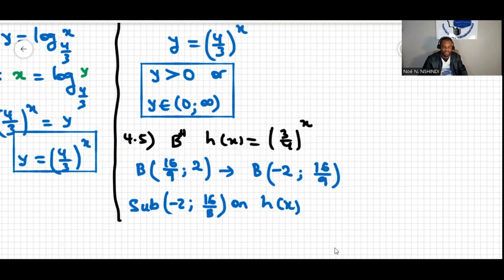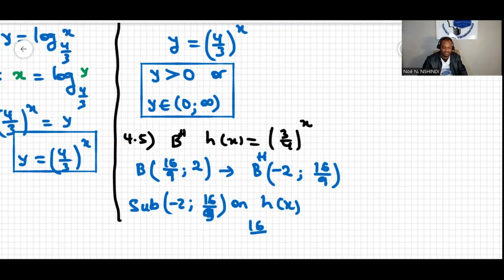this is BH now. If I sub that, this will be h of -2. We know h of -2 is 16/9. Maybe let's just do this.